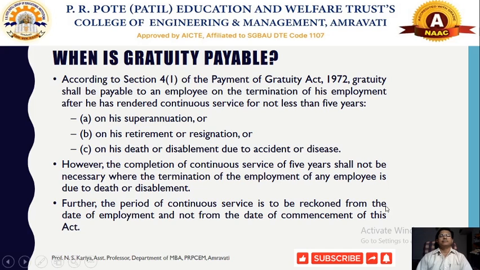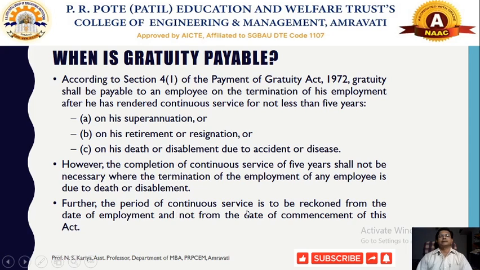The period of continuous service is to be reckoned from the date of employment, not from the date of commencement of the act. So since when that particular employee has been in the course of employment, from which the continuous service has been calculated.